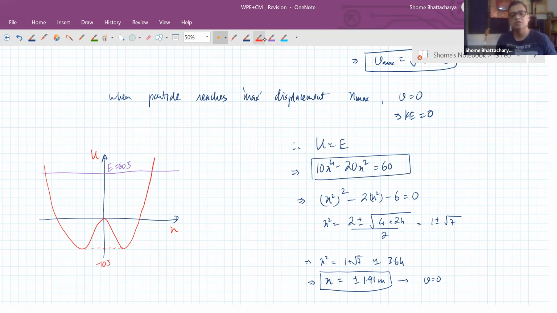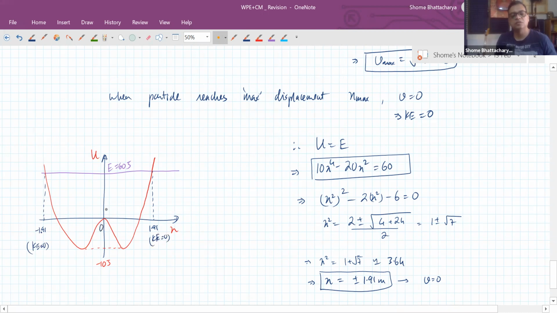So you can see that these are the 2 points at which the kinetic energy will become 0, at which the potential energy becomes this much, because the kinetic energy becomes 0.